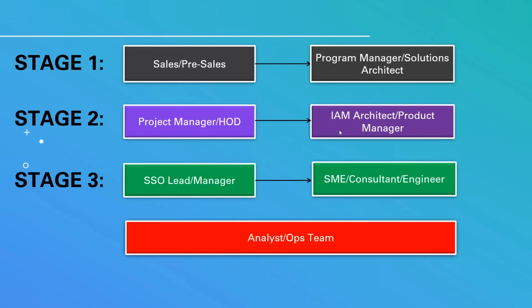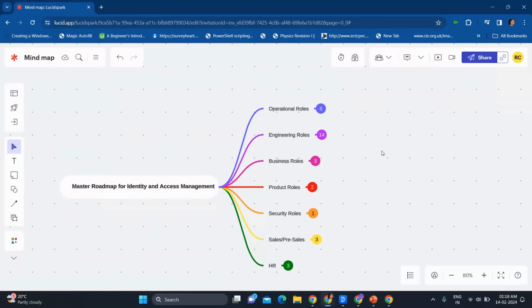So let's now deep dive into what are the different roles that the IM industry offers you. The first role that you can aspire to, and this is mainly for people who are new and trying to land an IM job, are the business roles, right?